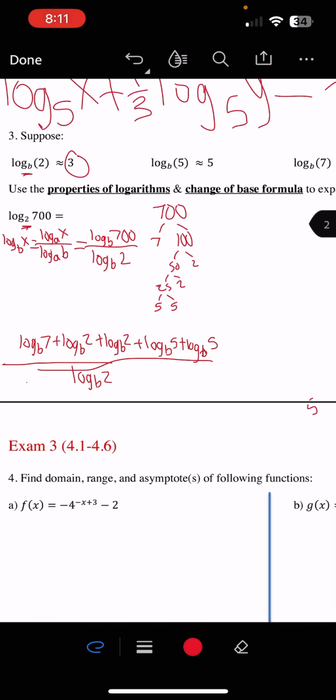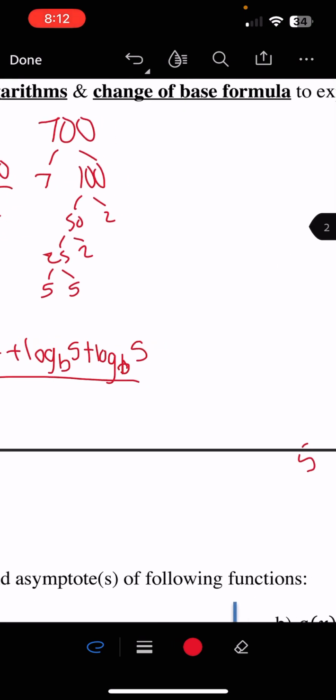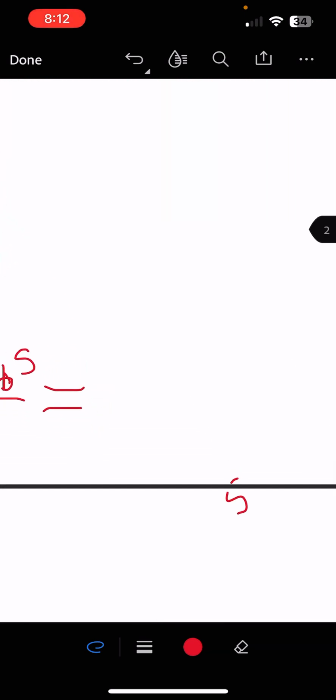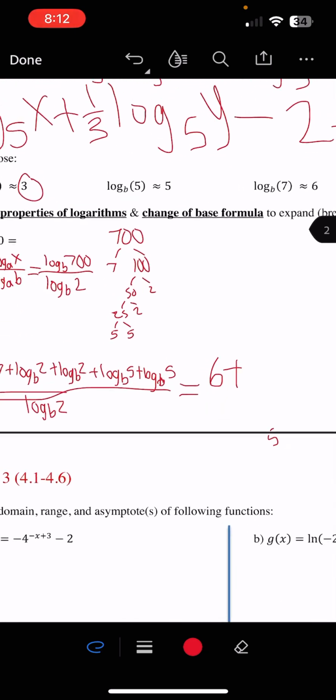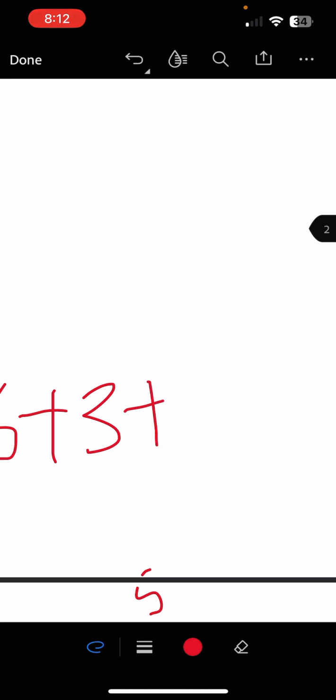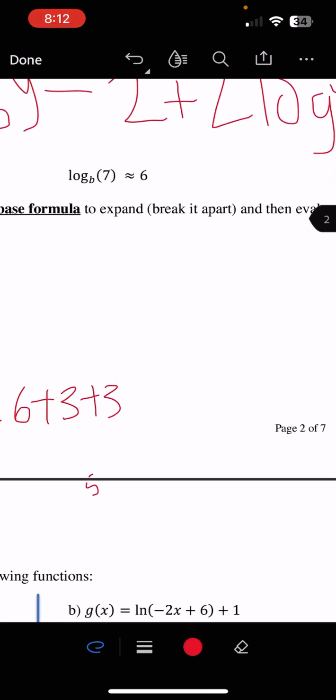Now what I'm going to go ahead and do is, we know all the values for all these numbers because they're in our givens. So I'm just going to plug it in, right? So our 7 is a 6, so 6 plus 3 plus 3. We have two 5s, so plus 5 plus 5.